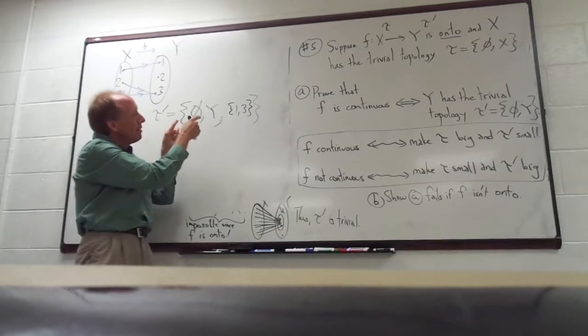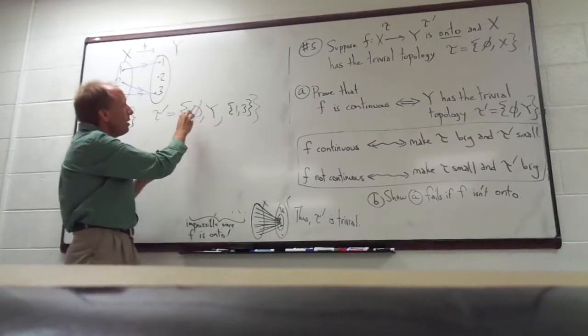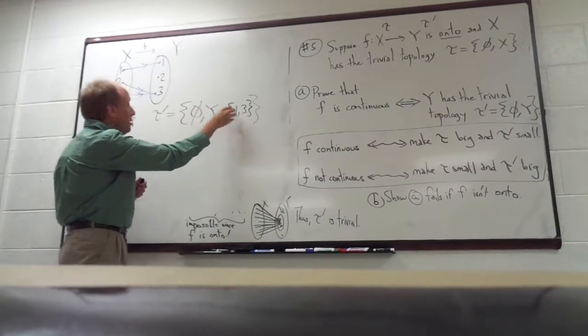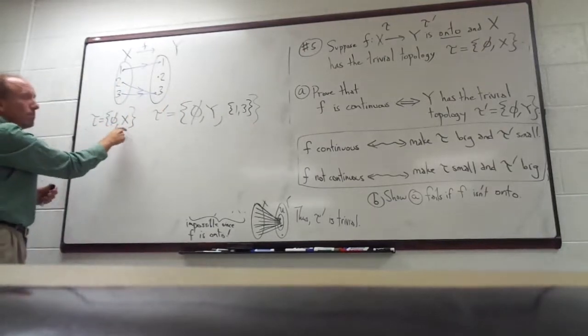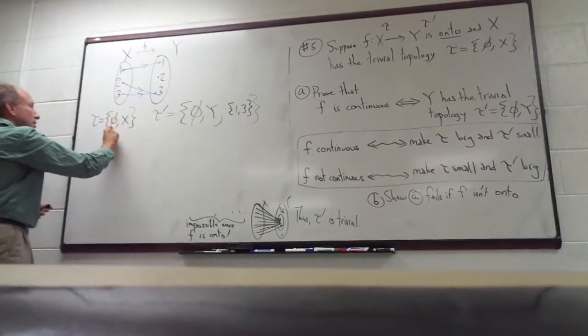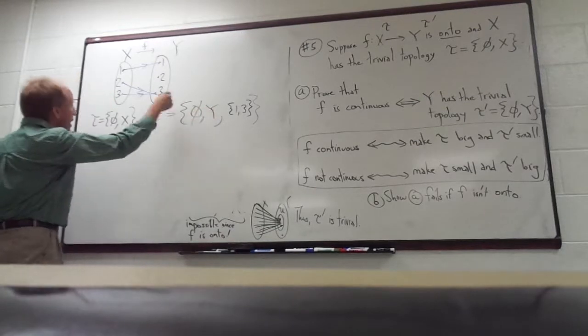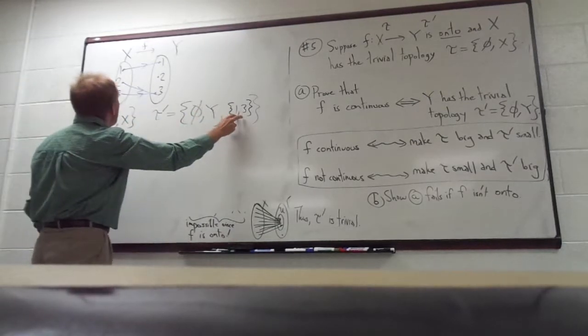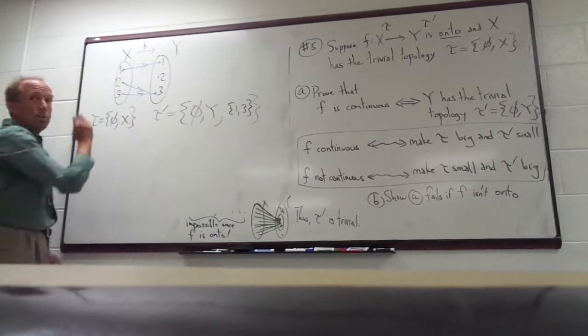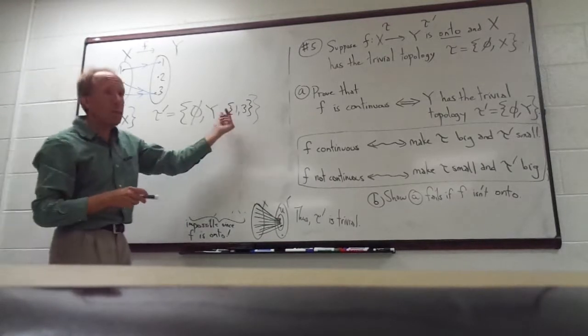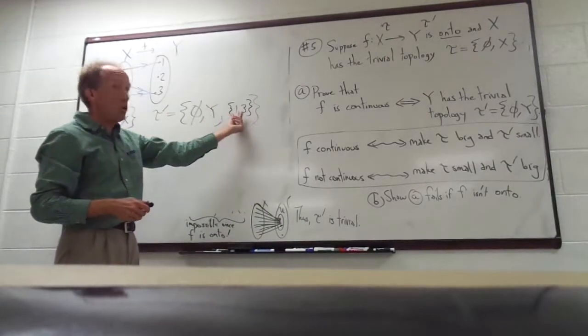So the pre-image of each one of these is one of these, because the pre-image of the empty set is the empty set, the pre-image of Y is X, and the pre-image of 1 and 3 is 1, 2, and 3. Now, Jason suggested putting the set 2 here.